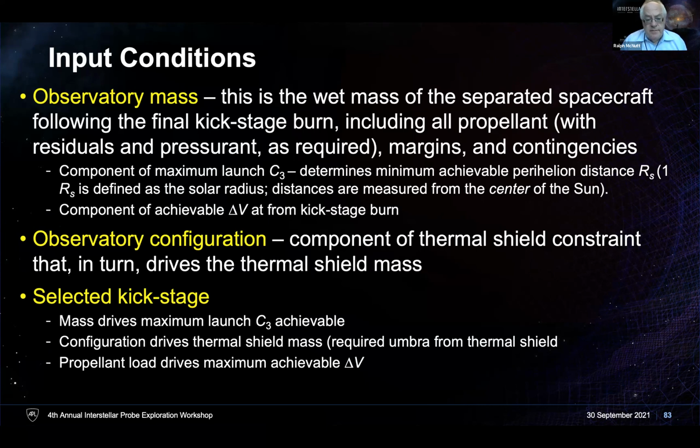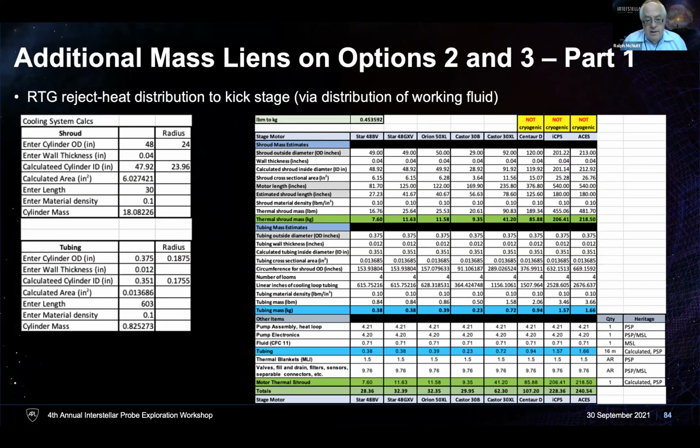Next, please. So there are a lot of mass liens on the various options. On options 2 and 3, for example, and Jim alluded to this, one has to worry about keeping these solid rocket motors from getting too cold. You have to also worry about keeping minimal gradients across the solid rocket fuel.